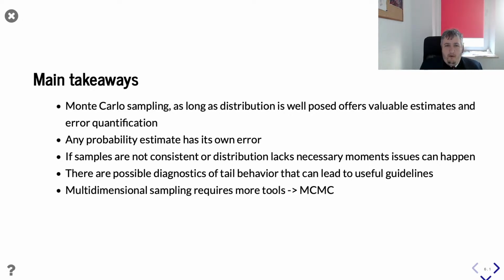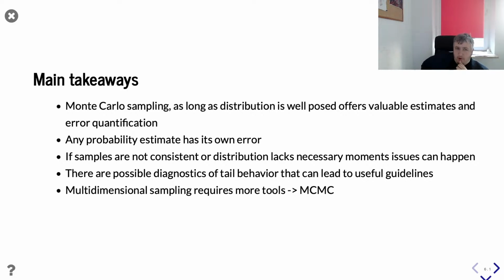So generally, what we really need to think about is that Monte Carlo methods allow us to sample from certain distributions and get information about their behavior. And as long as the distribution is not too crazy, or at least the distribution of statistical interest is not too crazy, we can get good estimates and error quantification.